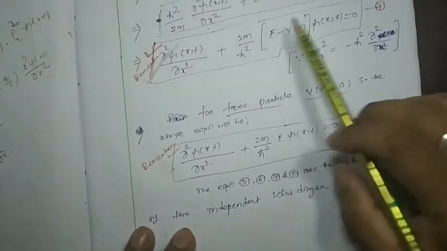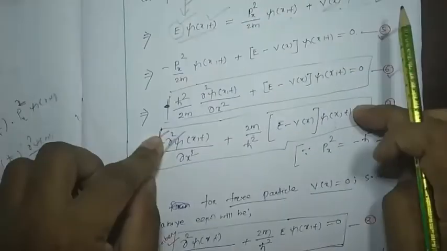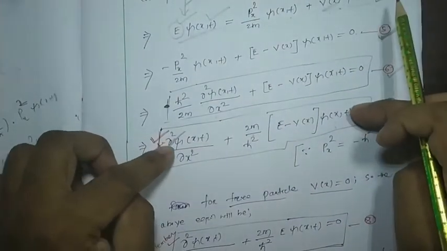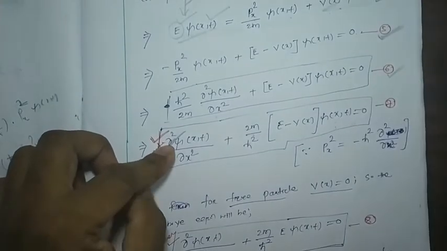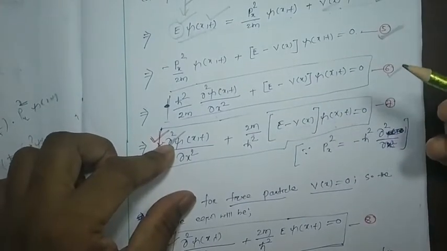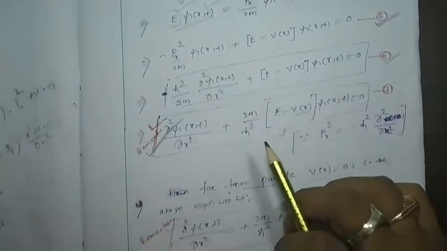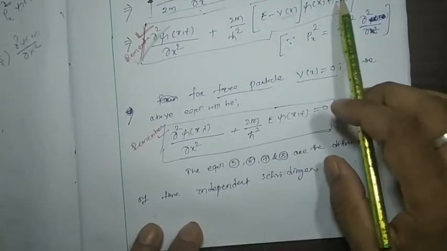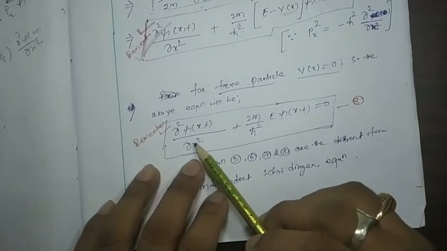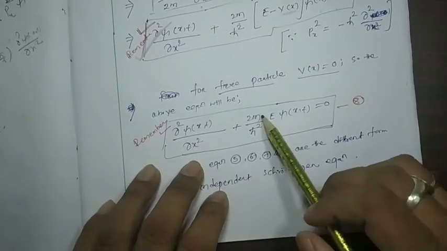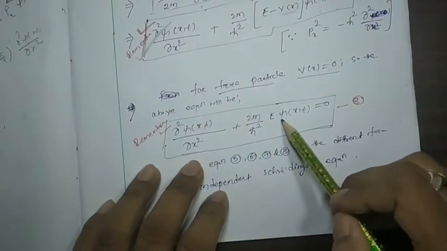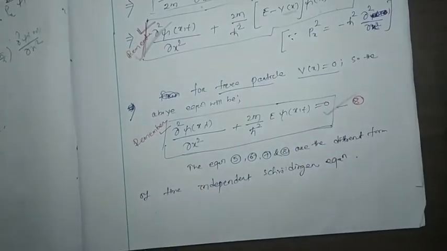This is the expression for the particle inside the force field. If there is no force field, Vx will be equal to 0. For the free particle there is no potential, so Vx will be equal to 0. Hence equation number 8 will be del square psi xt by del x square plus 2m by h cross square e psi xt equal to 0.